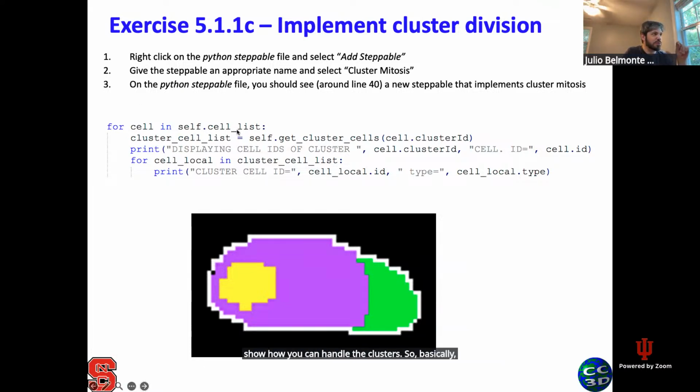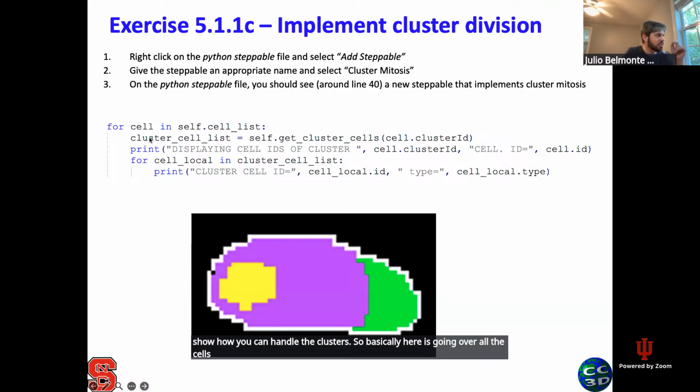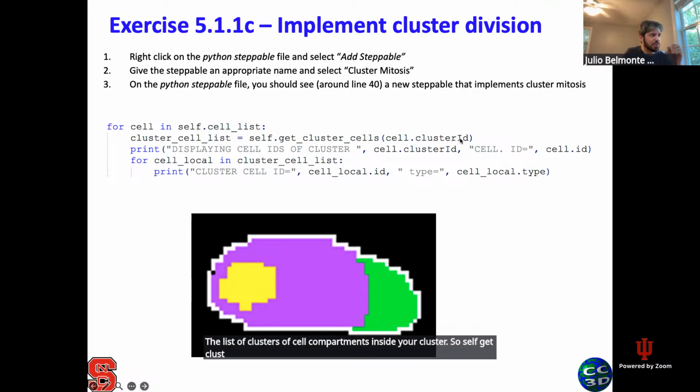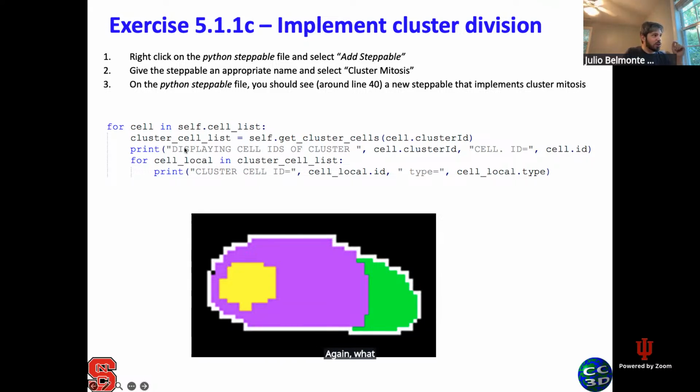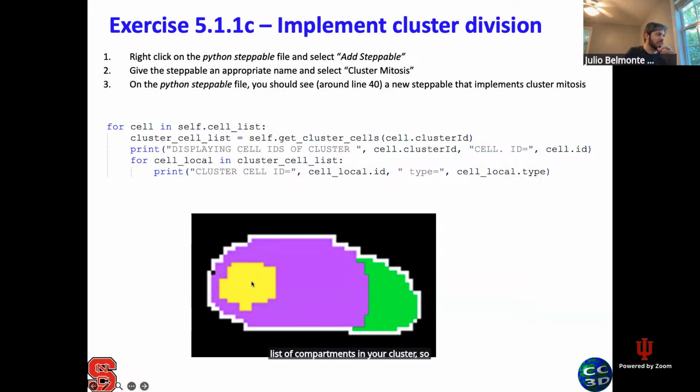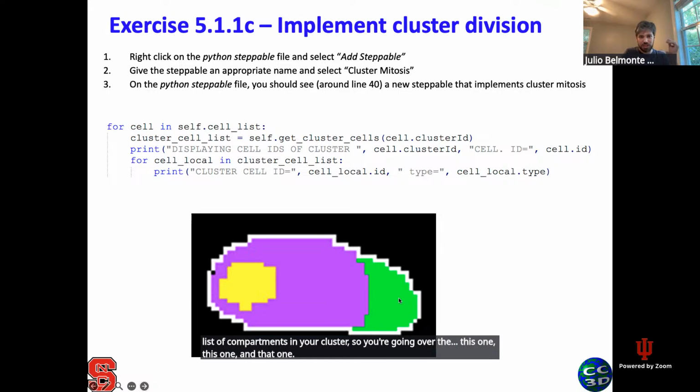Here it is going over all the cells in your simulation, and for each cell you can grab the cluster it belongs to, or the list of cell compartments inside your cluster. With self.get_cluster_cells and the cluster ID, you get the list of all the compartments inside your cluster. Then you can loop over all these compartments inside your cluster, and that's what we're doing here: going over the list of compartments in your cluster, this one and that one.